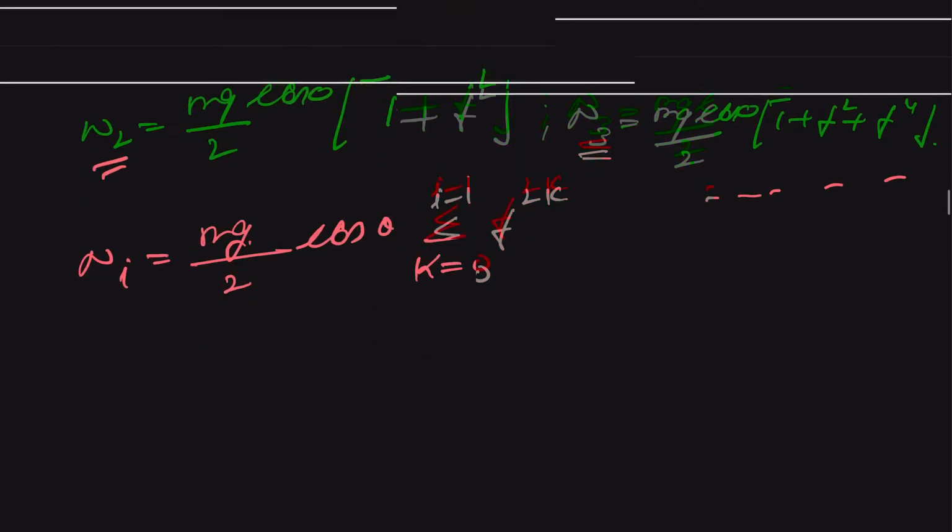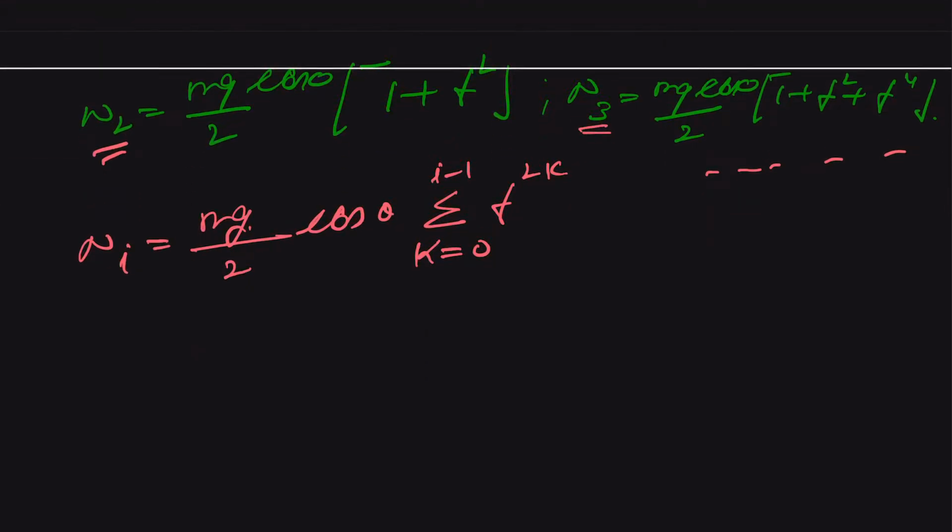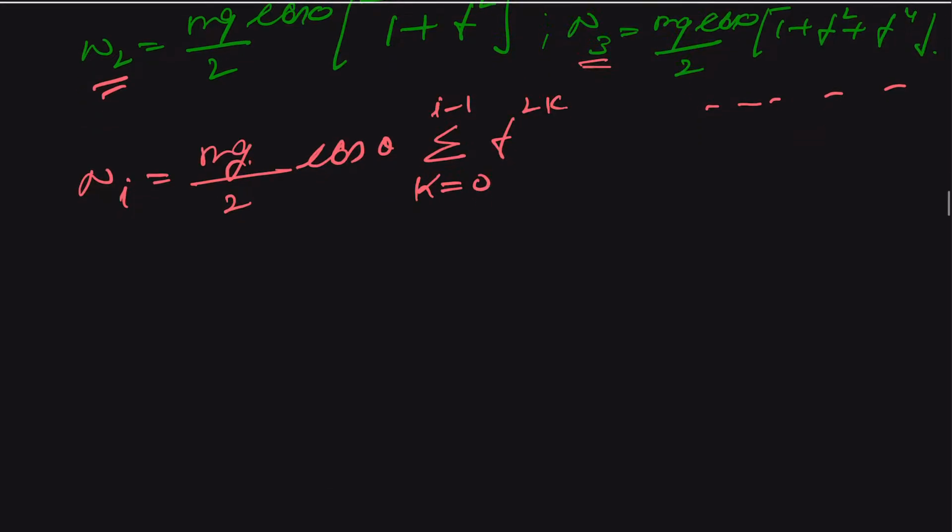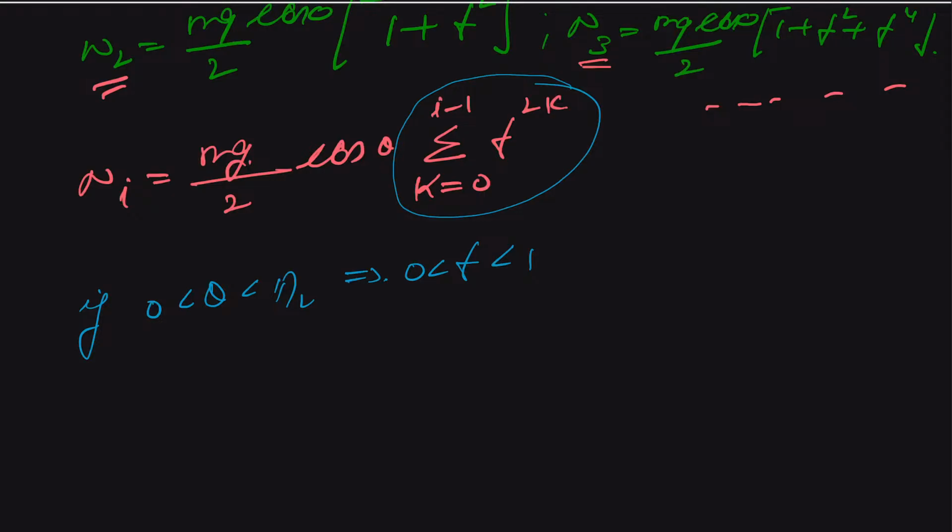Okay. So this is our general expression, and therefore now we can use the convergence, or we can say the geometric sum convergence. So we are interested in only this portion. Okay. And we can write that if our theta is less than pi by 2 but greater than 0, this gives us that our t will be less than 1 but greater than 0.